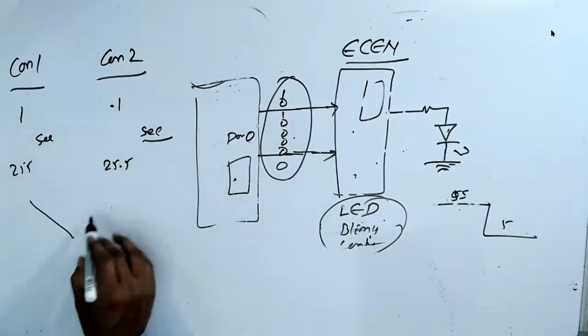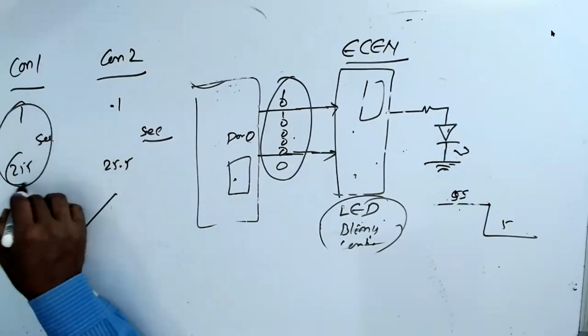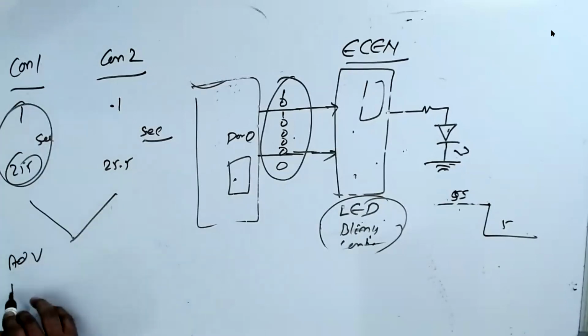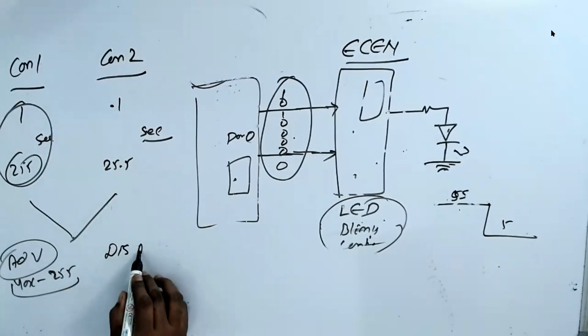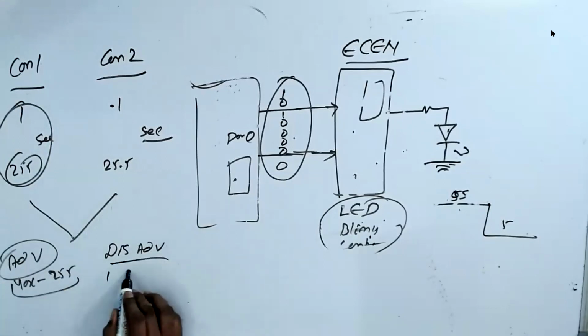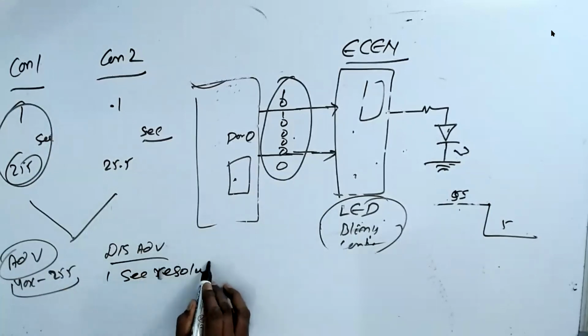You can choose one of them. If you choose this, the advantage is maximum 255. But the disadvantage is 1 second resolution. That is only possible.